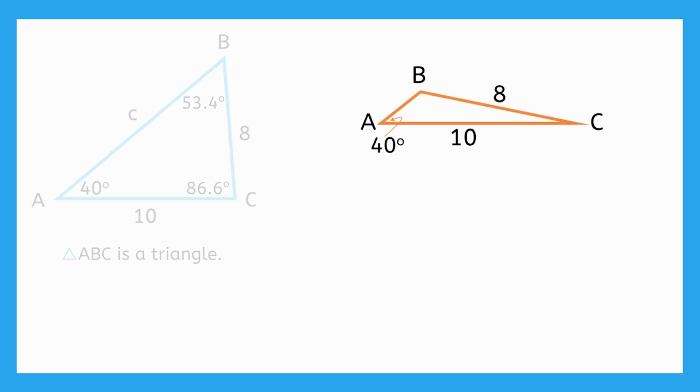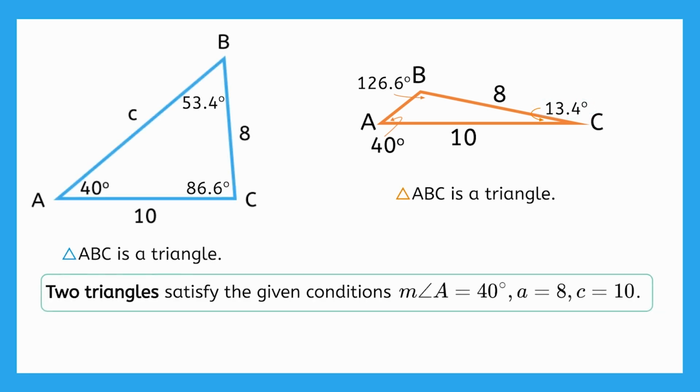Now let's look at the second angle measurement we found for B and see if it can also create a valid triangle. If angle A is 40 and angle B is 126.6, angle C must be equal to 13.4 degrees, which is also possible. That means there are two triangles that satisfy the given conditions that angle A is 40, side A is 8, and side C is 10.